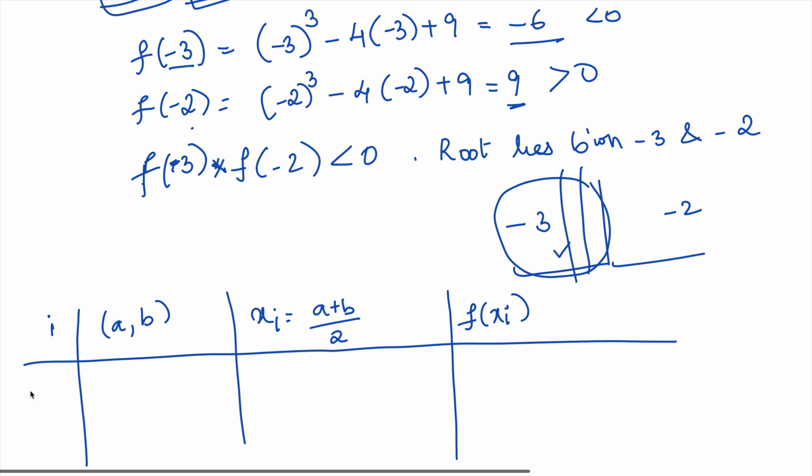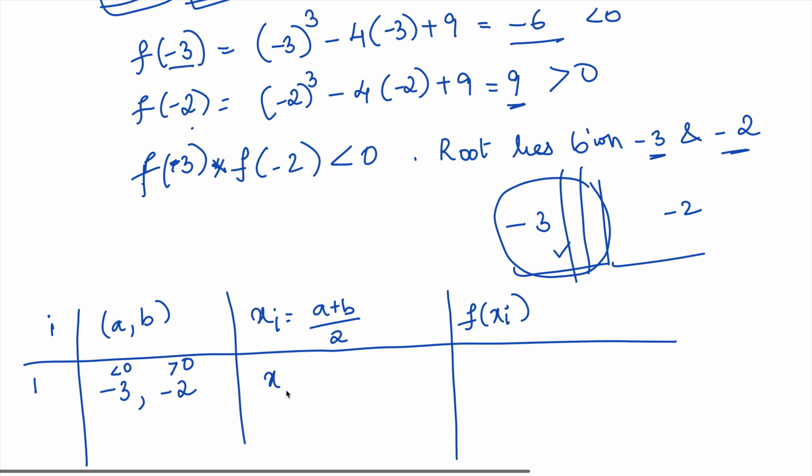In the first step, our interval is minus 3, minus 2. Minus 3 was giving us less than 0, and minus 2 was giving us greater than 0, right? F of minus 3 was less than 0 and f of minus 2 was greater than 0.